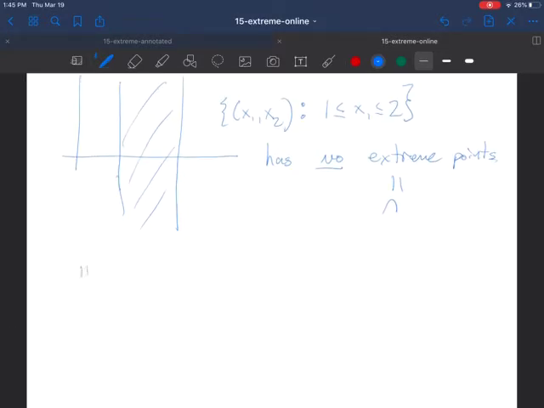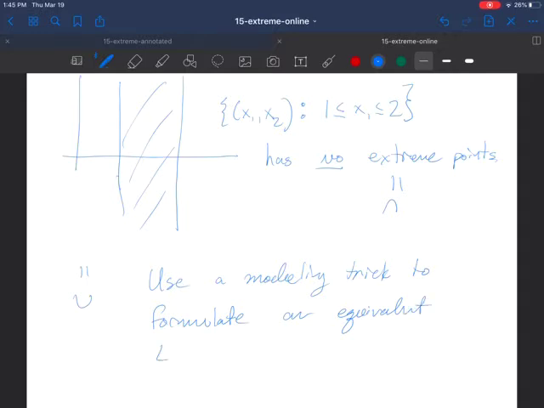Oh no, well, what are we going to do? What we're going to do is we're going to use a modeling trick to formulate an equivalent linear program that must have an extreme point. And that'll be in lesson 16.